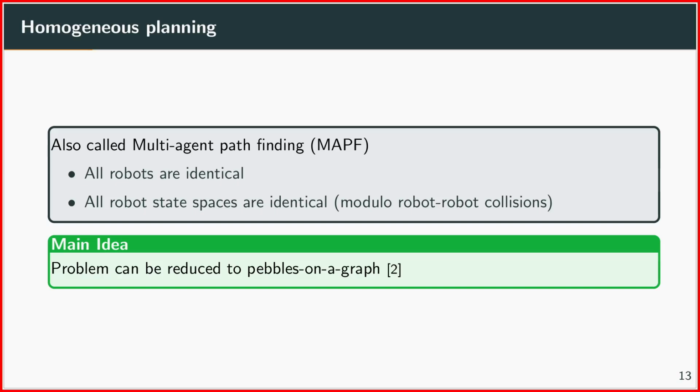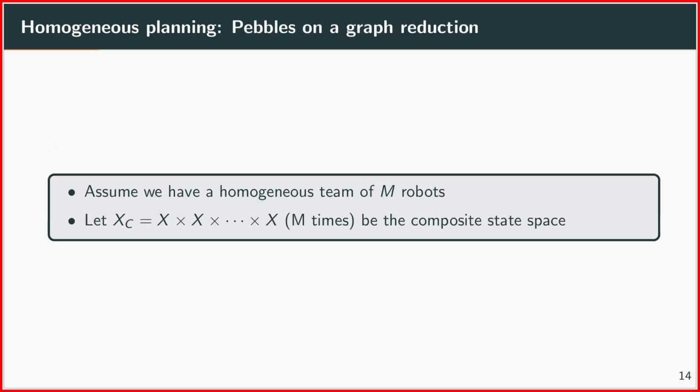And because those state spaces are now identical, we can reduce this problem to something which we call pebbles on a graph. To do that, we assume that we have this homogeneous team, and we say, okay, let's say we have M robots. That means that we have a composite state space of X to the power M, where X is the state space of an individual robot.